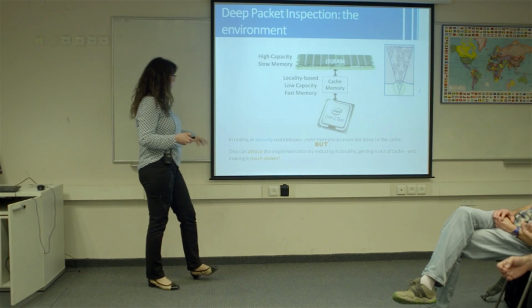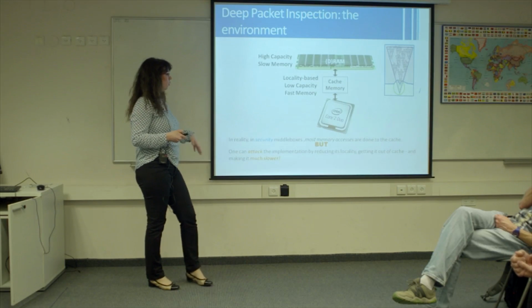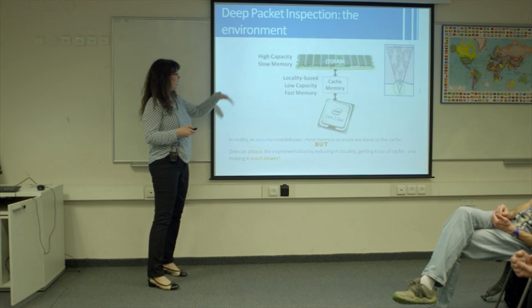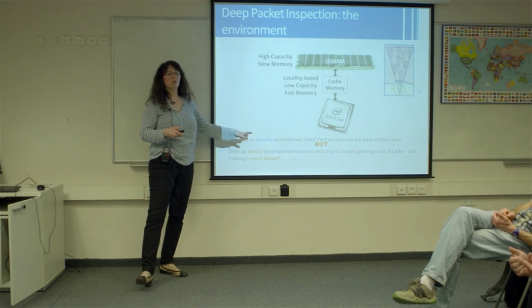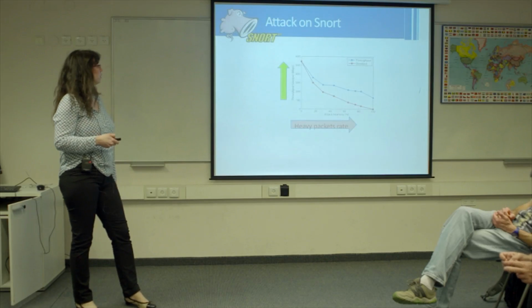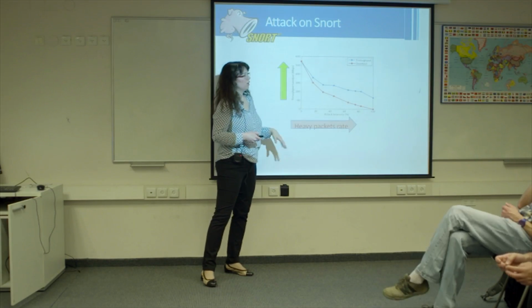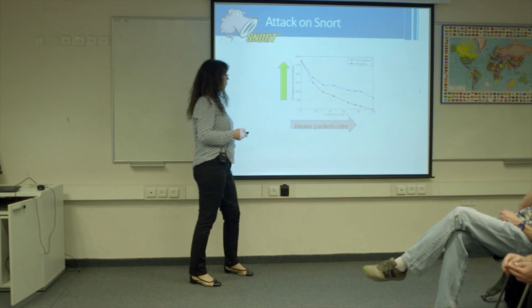Okay? So what the attacker can do is reduce the locality, getting stuff out of the cache, so the DPI will be much, much slower, and it stops scanning part of the traffic. We implemented such an attack on the open source Snort.